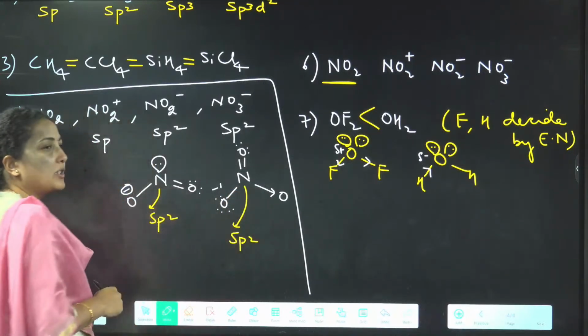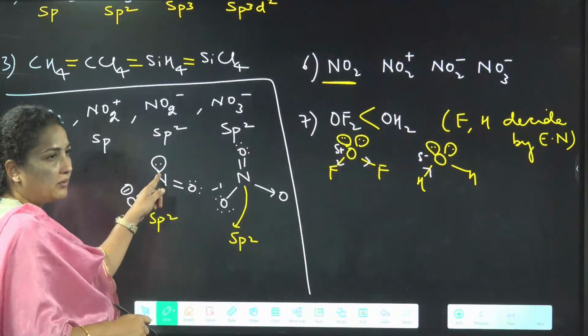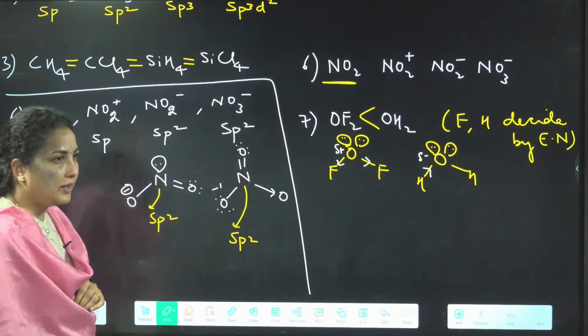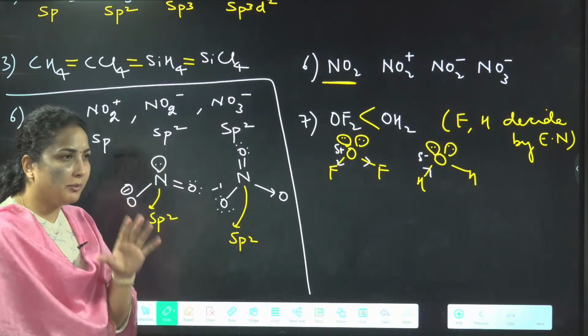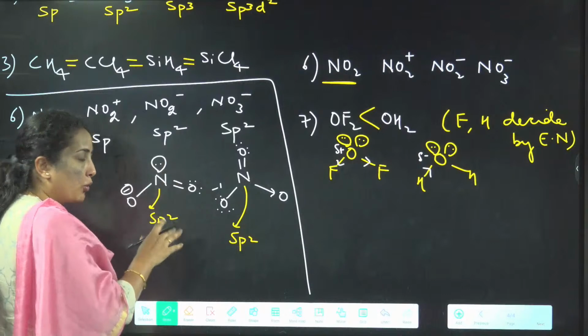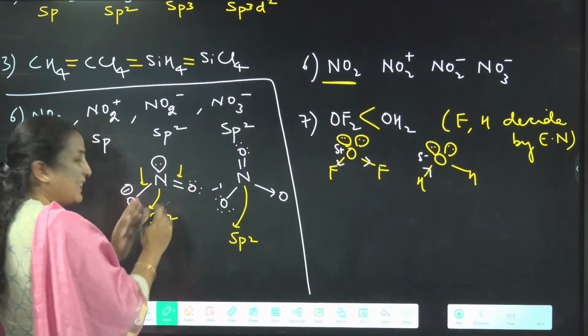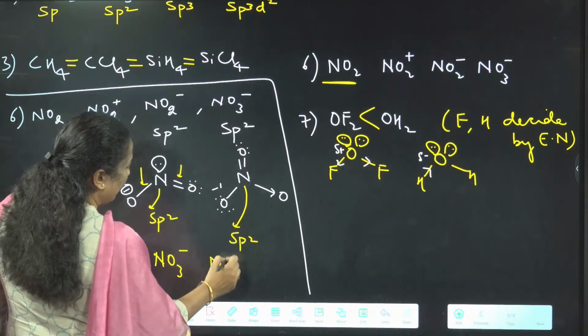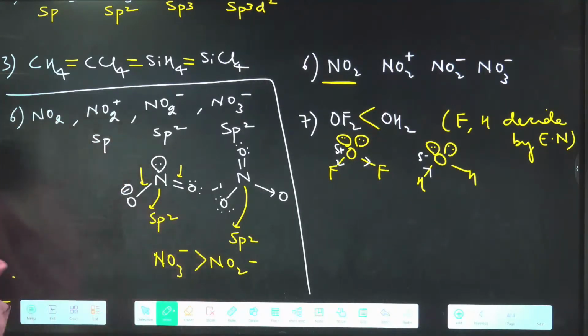But here what you have to consider? Lone pair, bond pair repulsion, and here it is bond pair repulsions, right? Because ultimately it is a double bond, but ultimately a bond pair only. So lone pair, bond pair repulsions are more. So hence the bond angle is going to be less in this case. So in comparison to NO3 minus and NO2 minus, NO2 minus is going to be less.